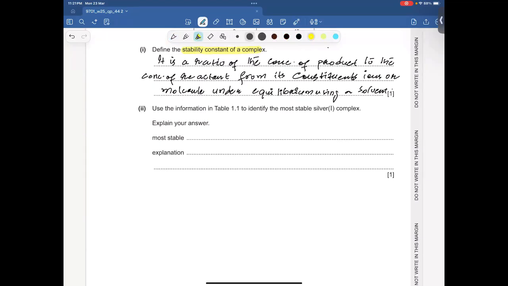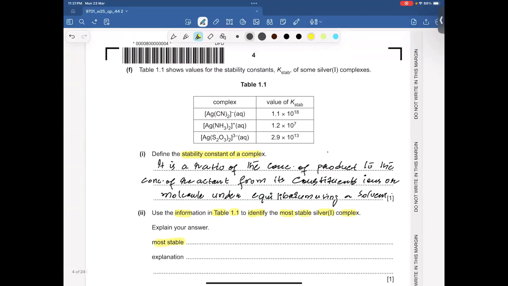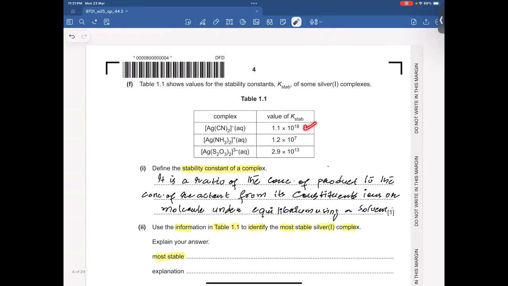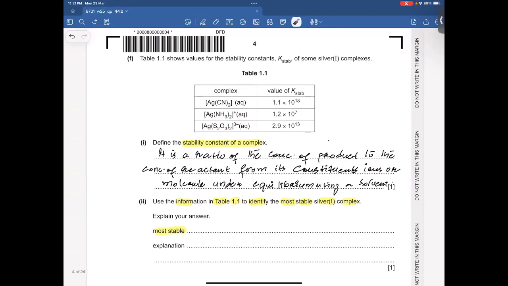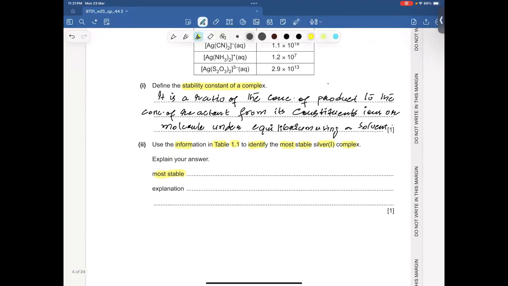Okay. Next is use the information in table 1.1 to identify the most stable silver complex. Explain your answer. The most stable has a higher value of stability constant. So Ag(CN)2 with a negative sign.